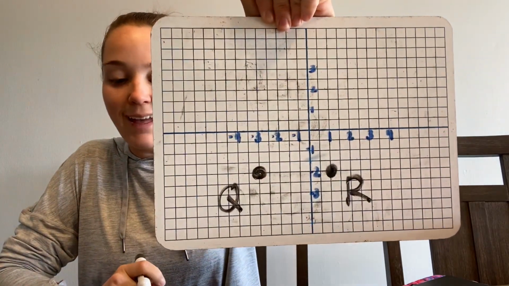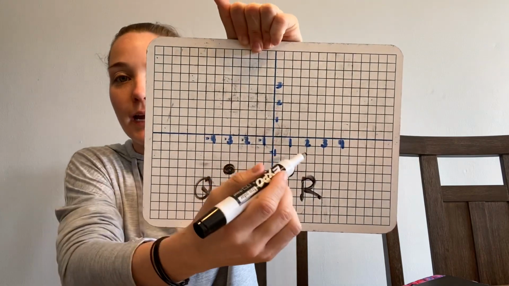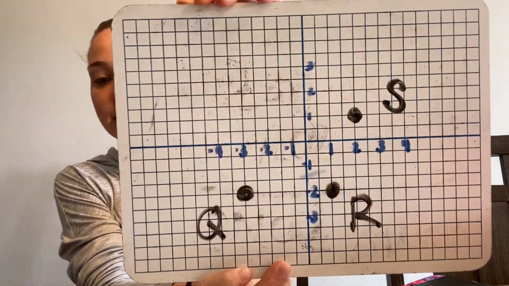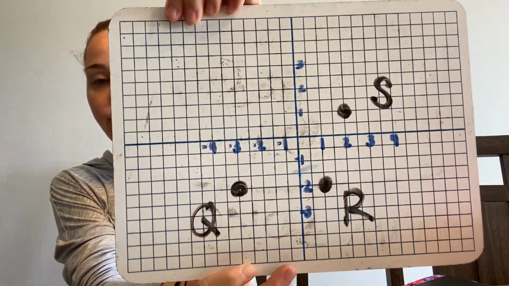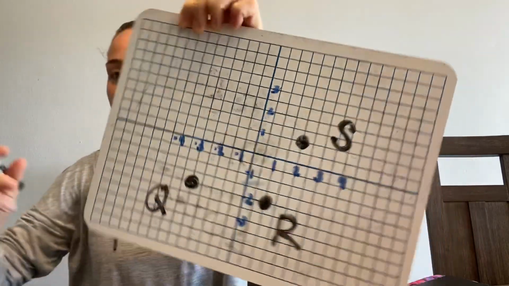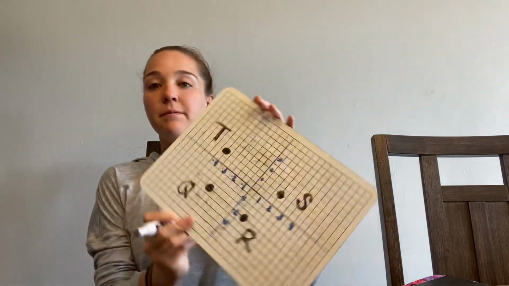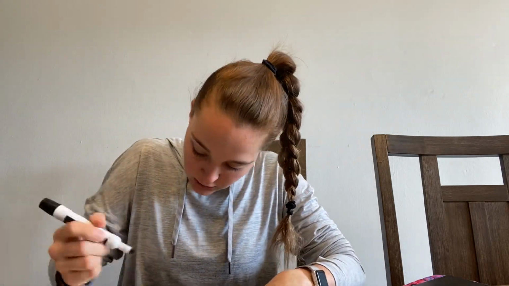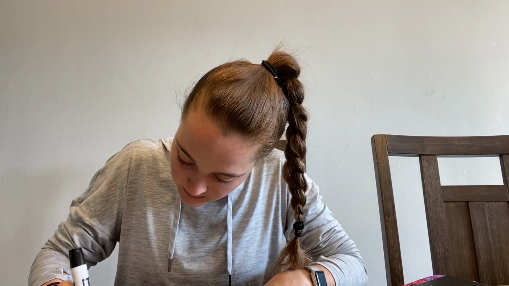So over to the right 1 and down 2 is R. S is 2 to the right and up 1. And T is -4, up 1. So we're gonna go 4 to the left and up 1. Okay? And then we're going to connect those dots. Q to R, R to S, S to T, and T back to Q.